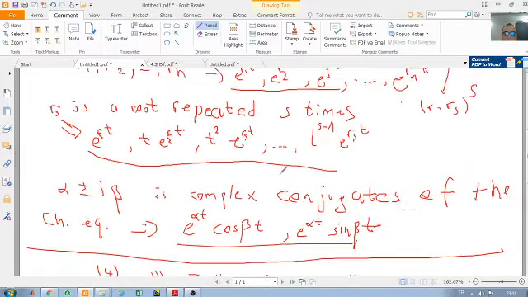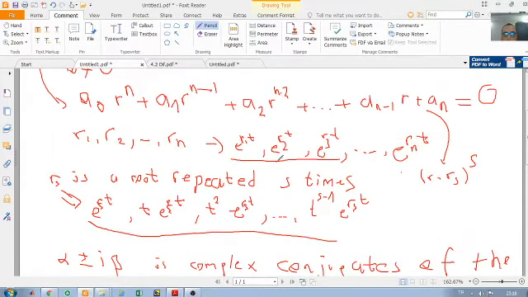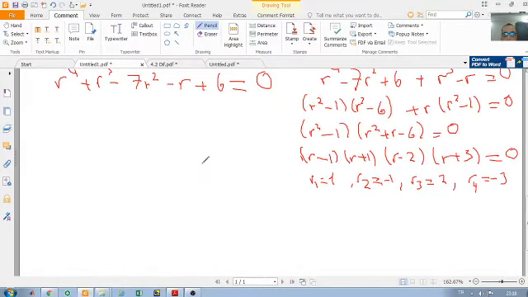Therefore we use the first formula written here when we have different real roots. We don't have any repeated root for the characteristic polynomial of the differential equation.